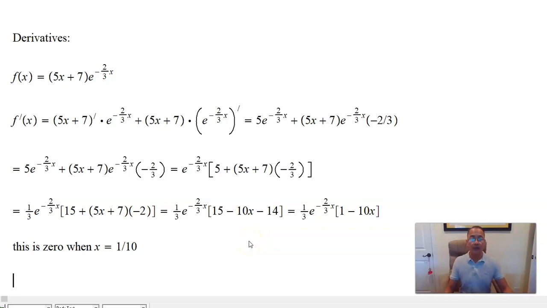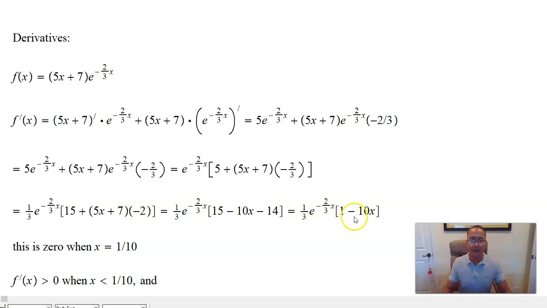So 0 is to the left of 1/10. And at 0, the derivative is positive. So it's going to stay positive to the left of 1/10. So f prime of x is positive when x is to the left of 1/10. And of course, if you are to the right, you should get something negative.